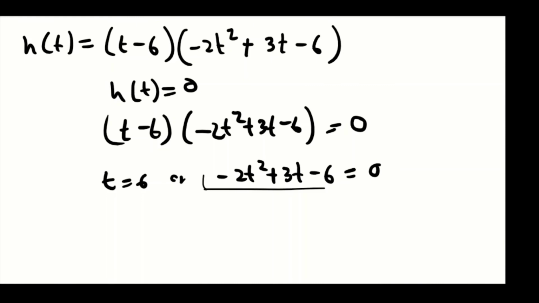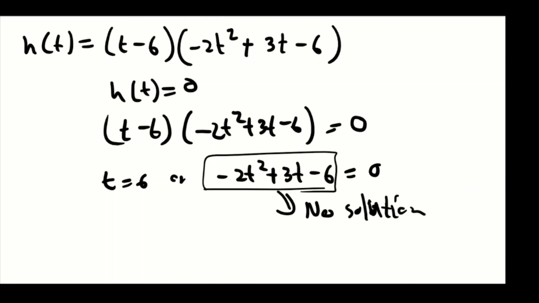You can find t for this using the quadratic formula, or you can factorize if it's possible. I found that this has no solution, because it was giving a negative number under the square root, which is an error. So the insect touched the floor once, at t equals 6.